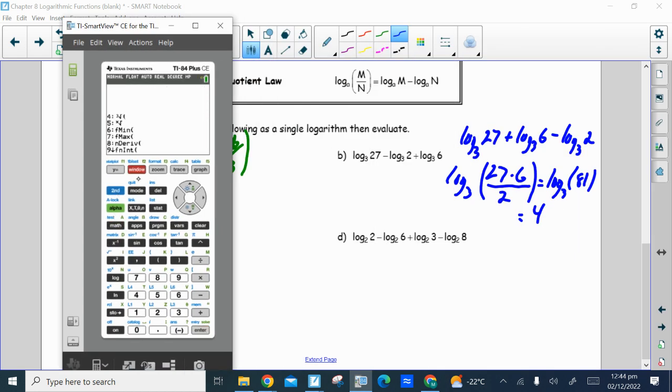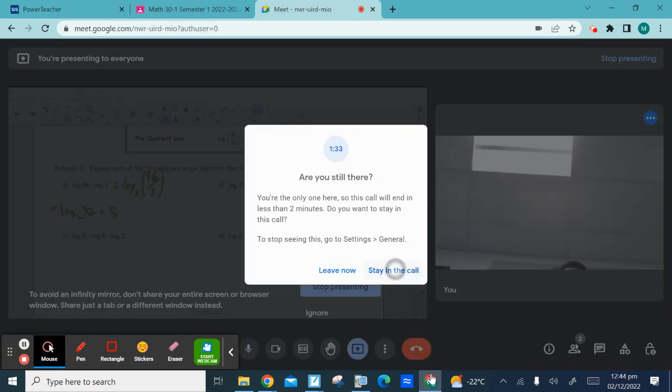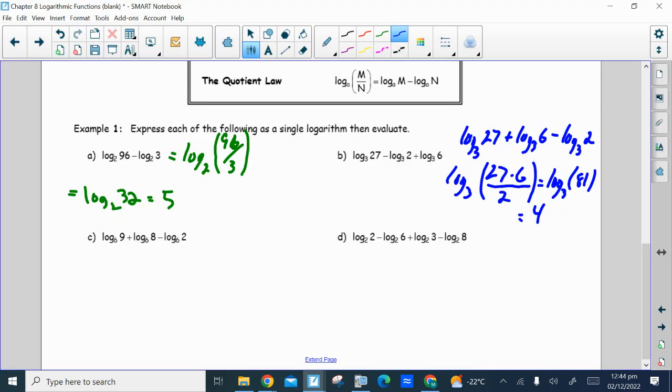Either the log function log base 3 of 81, or use the change of base identity, log of 81 divided by log of 3. Doesn't matter, you get the same answer.